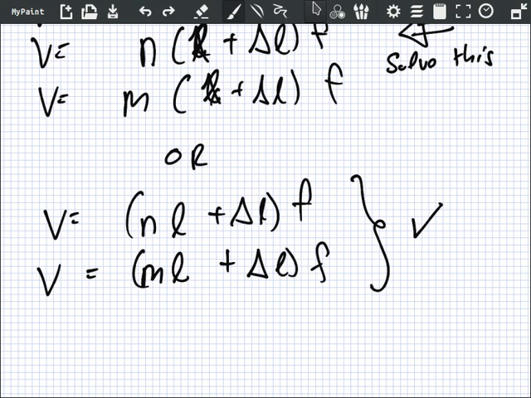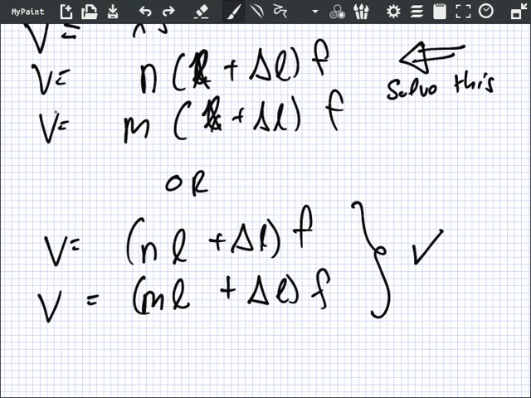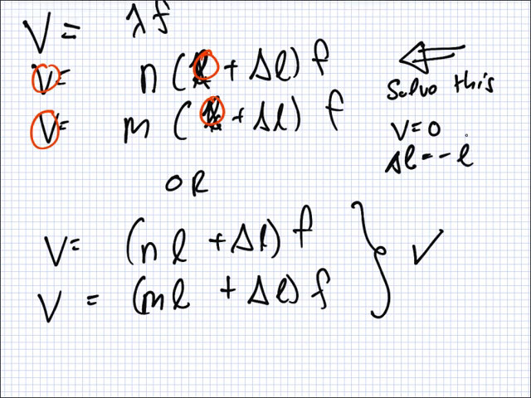Or, let's pretend you don't know V and you don't know L. Then the solution could be V equals 0 and delta L equals minus L, because remember you got an answer the first time of minus 0.17. So in this form, this could never be solved. You'll always get V is 0 and delta L equals minus L. So it has to be in this form.